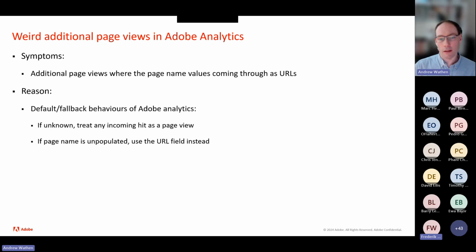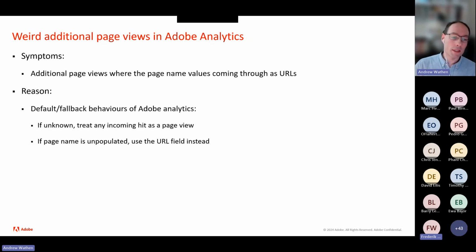So if you haven't set the page name, or it should be a link tracking call but you haven't put the right things in the XDM object to make it a link tracking call, what happens is Adobe Analytics has some default behaviors. Any unknown hit that's coming into it, it will treat as a page view.